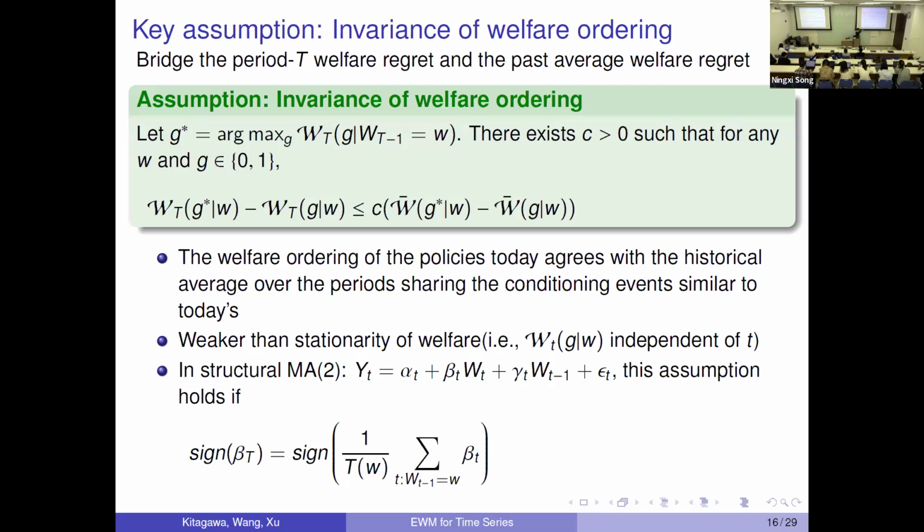Particularly in this slide, I present one case which is also included in the paper: if we have these structured models specified like this, then that assumption will be satisfied, with the sign of the coefficient of interest at time capital T, the last period, equal to the sign of the average coefficient in the past history, which satisfies this requirement.